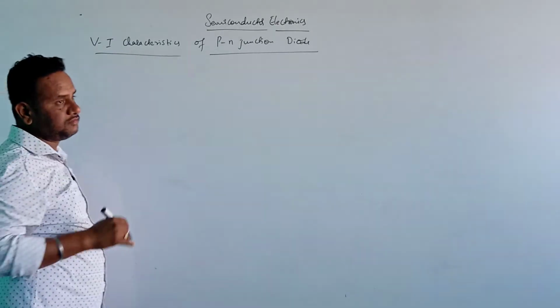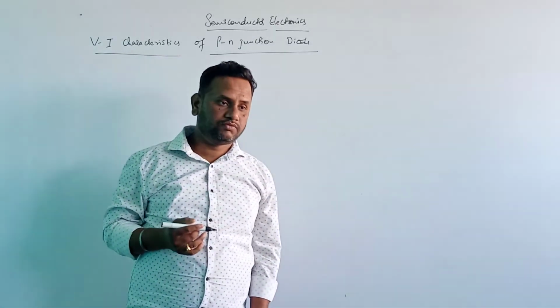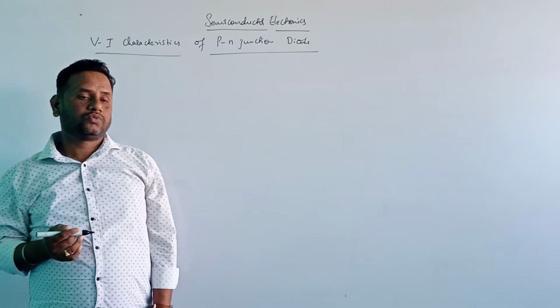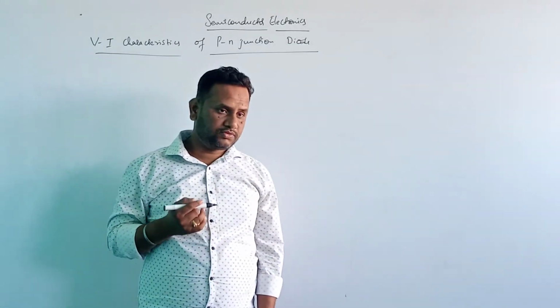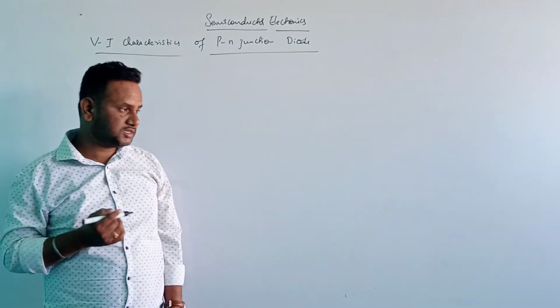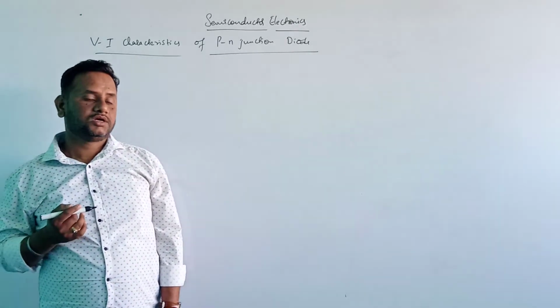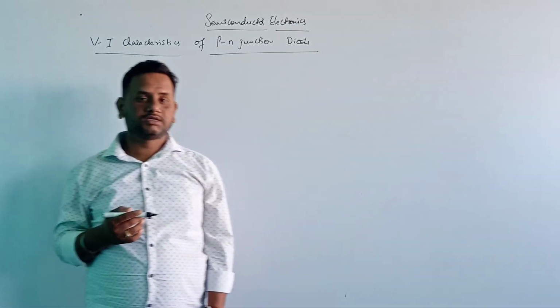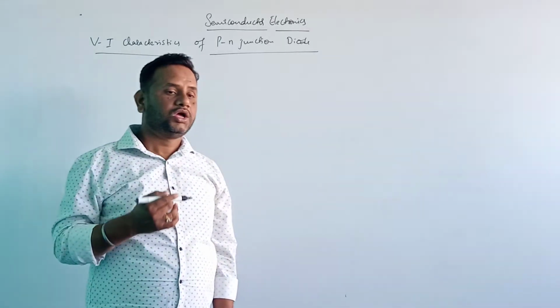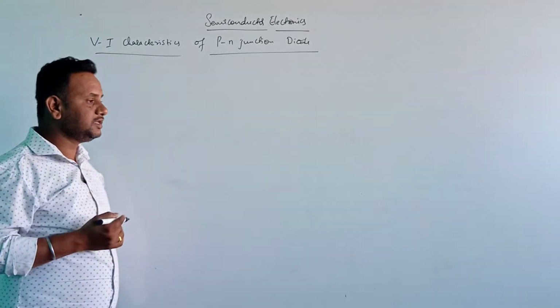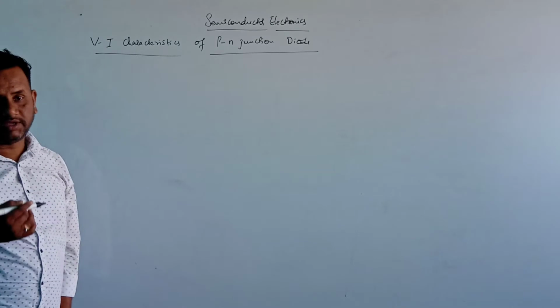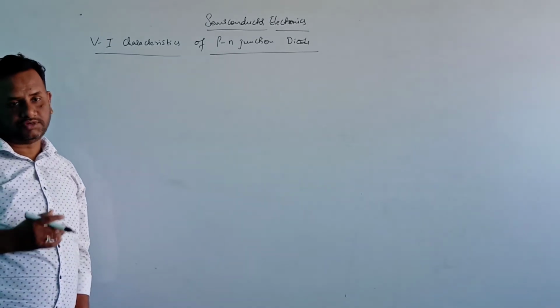Sometimes they might ask you in one mark also, what is the use of studying the VI characteristics of PN junction diode? It gives us an idea of how the current is changing or varying with the applied voltage.